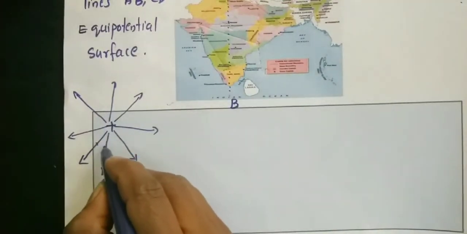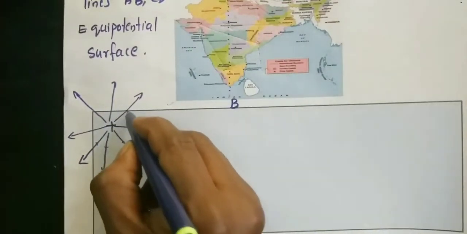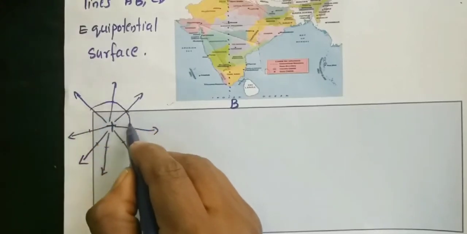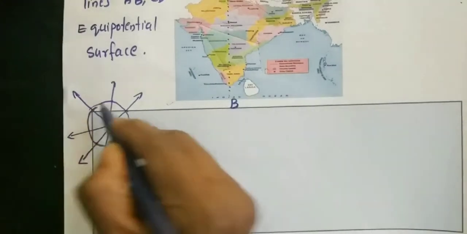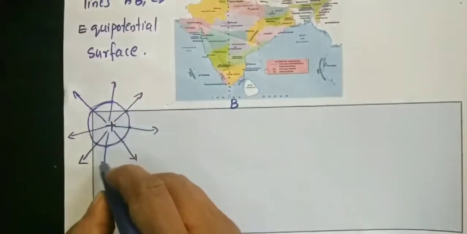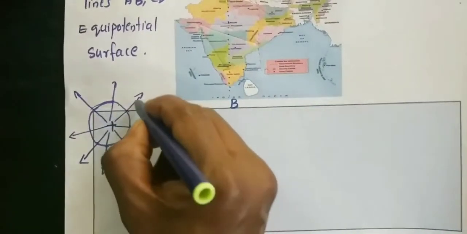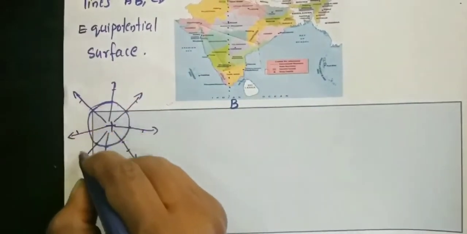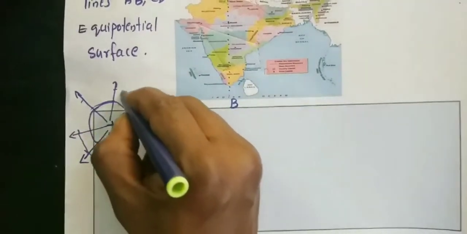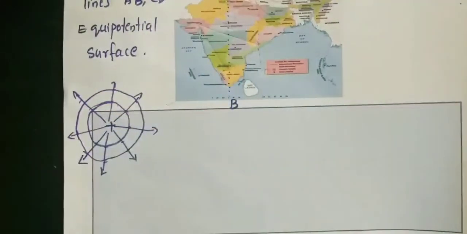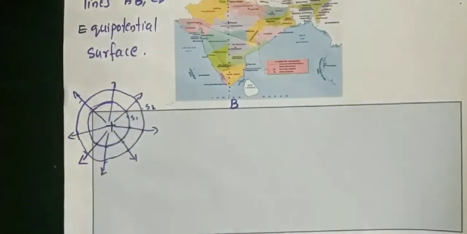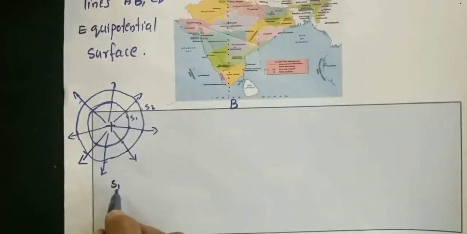So if I mark some points which are at equidistance from the center of the positive charge, then I will get a circle like this. If it is in space, it will be a sphere. And similarly, if I mark some other points which will also have a common distance from the center of the positive charge, then I will get another surface. S1 and S2, let it be.